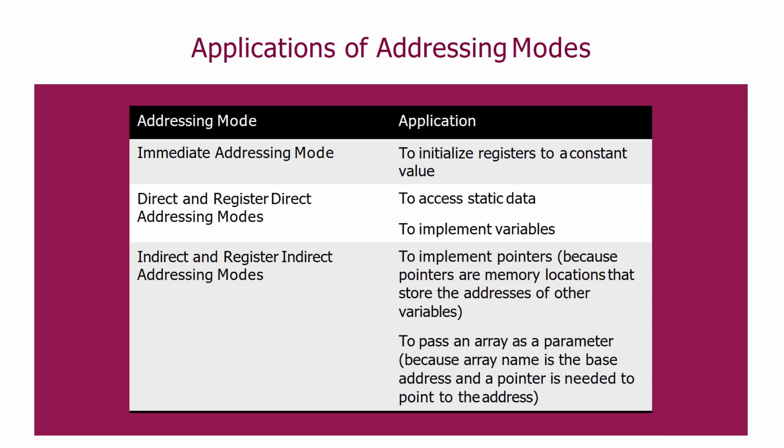Applications of addressing modes. Immediate addressing mode, to initialize the registers to a constant value. Direct and register direct addressing mode, to access the static data to implement the variables. Indirect and register indirect addressing mode, to implement the pointers and to pass an array as a parameter.